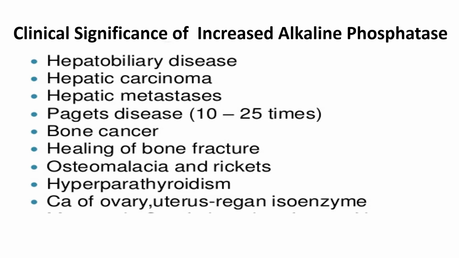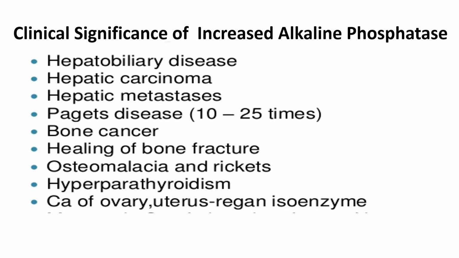Now, if we have a blood sample and we don't have a history of the patient, and we just want to know whether this rise in alkaline phosphatase is because of the liver or the bones, then we will go for estimation of another enzyme called gamma glutamyl transferase, gamma GT in short.